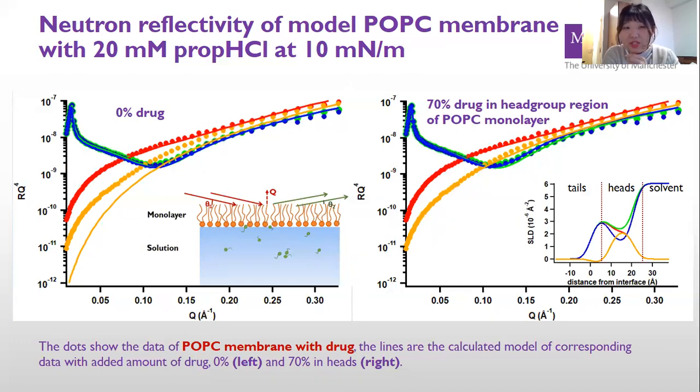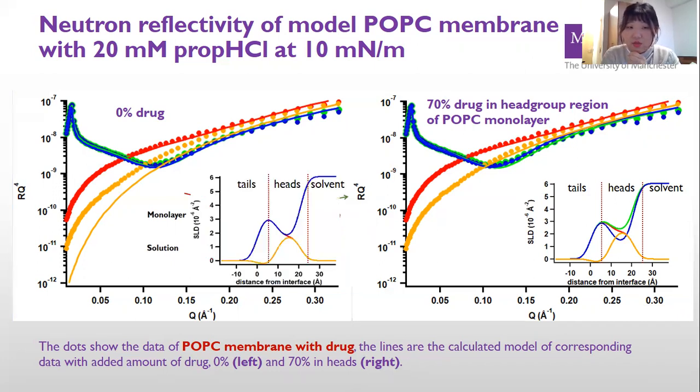Neutron reflectometry is a technique used to study the composition of multiple layer systems. It can provide information on the thickness, the roughness, and the hydration of each layer of the system using the reflectivity and the scattering length density profile.